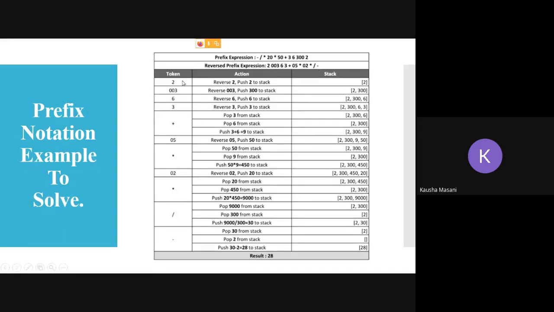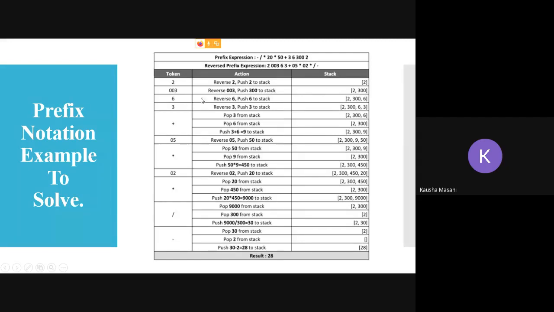Now they are taking the reversed expression as it is. So 2 is taken, nothing to be reversed, so 2 is pushed into the stack. Then they are taking 003 and reversing it, so it becomes 300, back to the original. So 2 and 300 are in the stack.